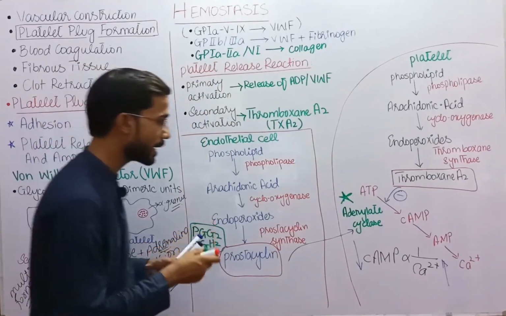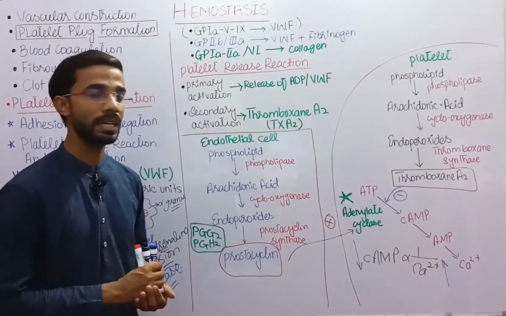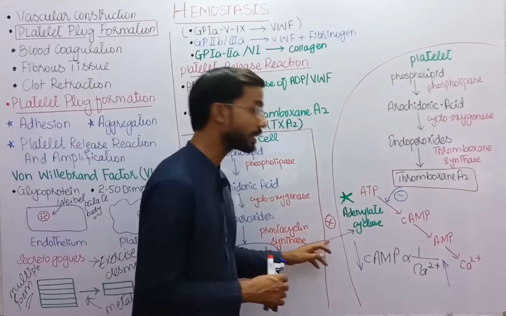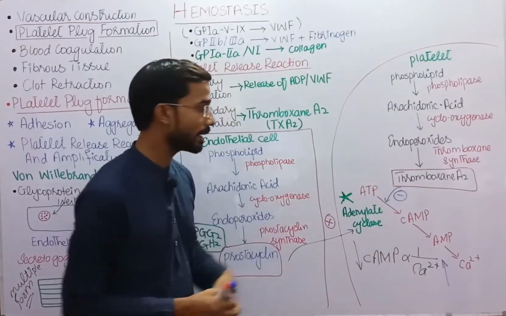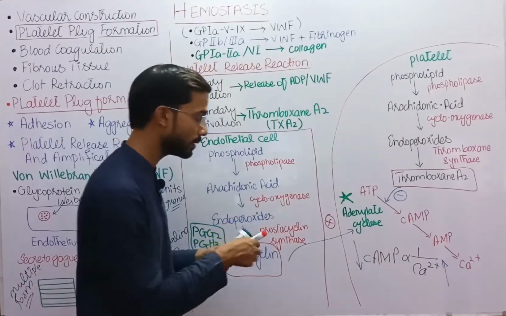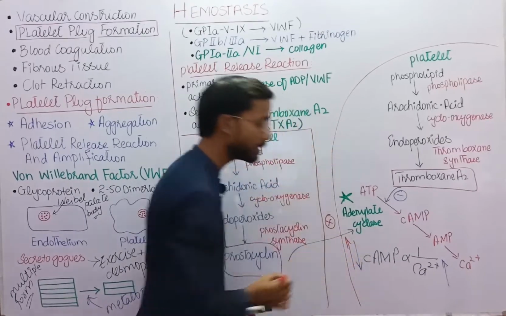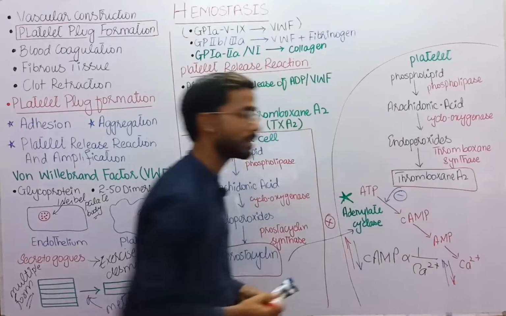Prostacyclin has a positive effect on this enzyme, adenylate cyclase. It means it enhances the conversion of ATP into cyclic AMP and then AMP. It means the concentration of cyclic AMP increases. It decreases the calcium concentration.